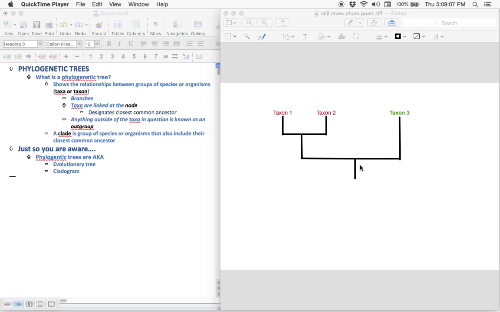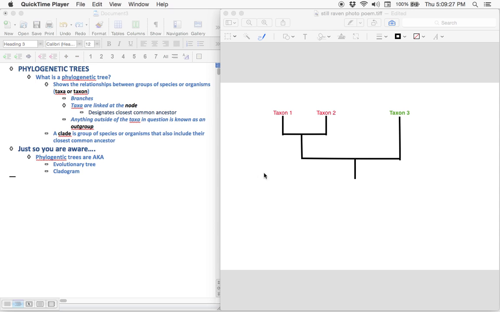This area here could be a whole clade because there's a common ancestor for taxon 3, taxon 2, and taxon 1 right here. Taxon 1 could have its own clade if we're just looking at this group right here, so just taxon 1 itself.